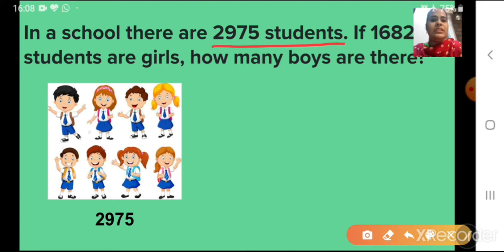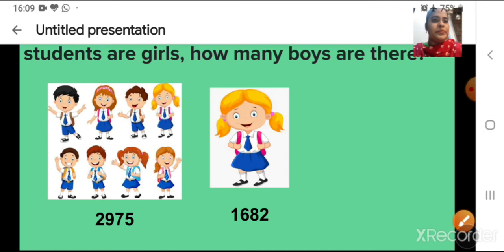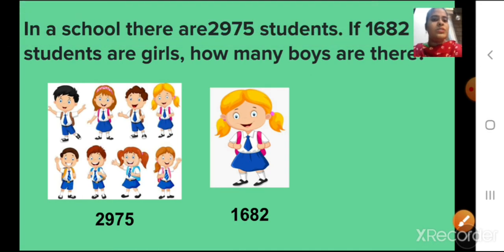So you can imagine, yes, there is a school and there are so many students in the school. The next is, if 1,682 girls are there. Now out of this many students, how many girls are there?